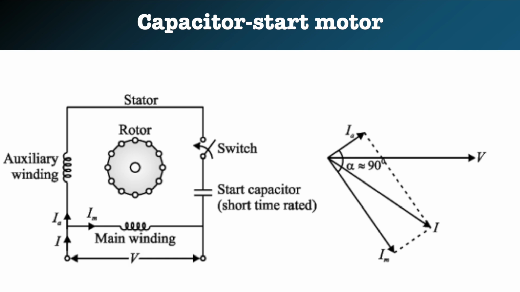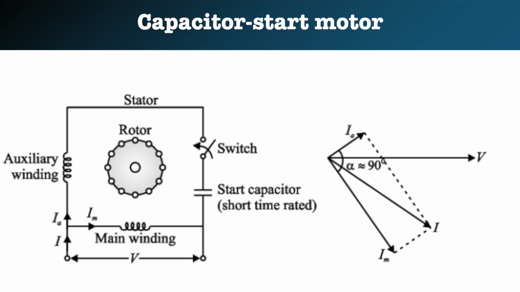As this torque is related to the phase difference angle between the currents in the two windings, to get high starting torque, the phase difference required is 90 degrees. This can be achieved by having a capacitor in series with the auxiliary winding, which increases starting torque and results in additional cost also. The construction of this motor is similar to that of a split phase type motor.